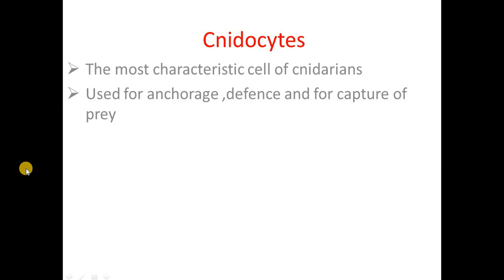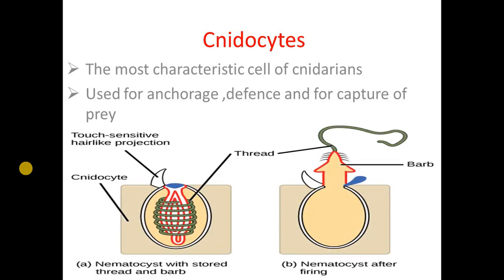With the help of a diagram, we will explain the Cnidocytes. Cnidocytes or Cnidoblasts or stinging cells are oval shaped cells which are present on the tentacles and the body.